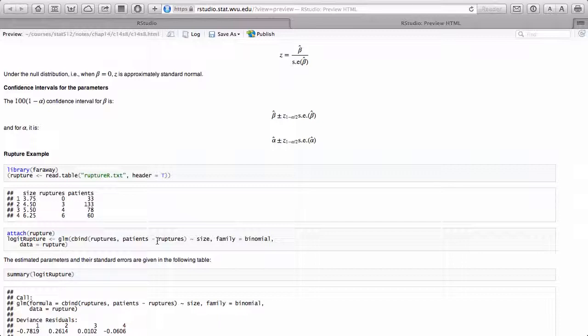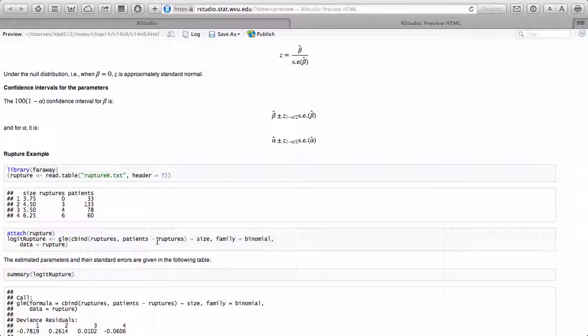So for example, 33 is the non-ruptures for the first row, but for the second row, you would have 130 non-ruptures. And then for the next row, you would have 74 non-ruptures. So that would be a 4x2 contingency table, and you can analyze it that way. But we'd like to get a prediction model.